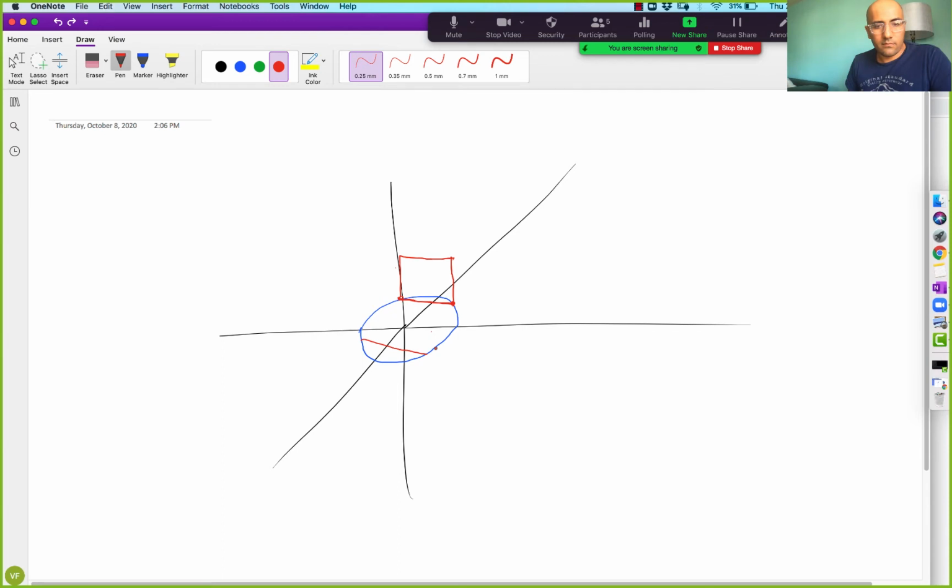I think that's not quite right. It needs to be more like that. And then it's going to come up and make a square like that. We're going to do that throughout the circle.